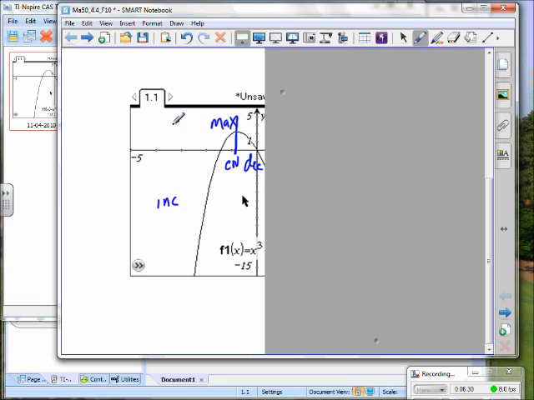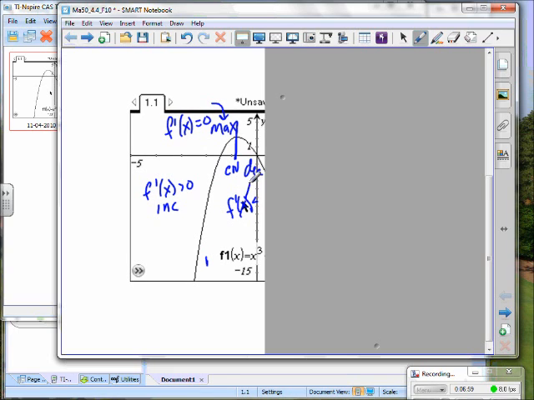Okay, so we know that the first derivative of this function is 0 right there. What else do we know? And the function is increasing, the first derivative. Okay, so this piece right here, the first derivative is positive. What else? Waiting for one more piece of information. Yes, James. The derivative is negative, corresponding to the decreasing.